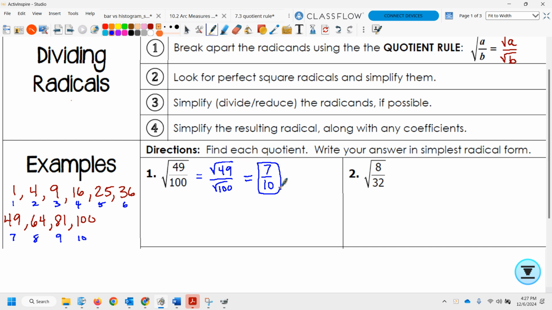All right, look at number 2. Is 8 one of my perfect squares? And is 32? It's not. So what I would like you to do is pretend that we're talking about 8 over 32, and get your calculators and simplify this in fraction form. Sorry for those of you who don't have a calculator.